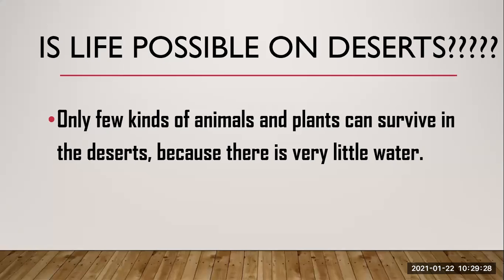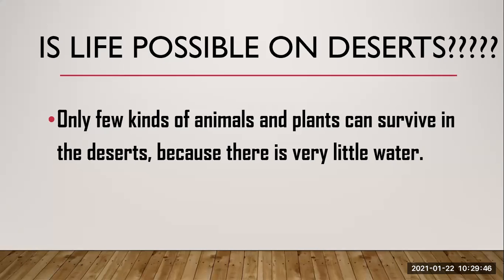So life is possible in the deserts, but that life would be tough and hard, and only a few kinds of animals and plants can survive there. What is the reason behind it? Of course, the shortage of water.